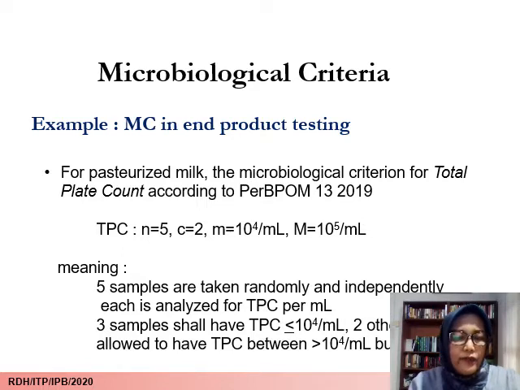Each is analyzed for total plate count per mil. 3 samples have to have TPC of less than or equal to 10 to the 4th per mil, while a maximum of 2 samples are allowed to have a total plate count of more than 10,000, but it has to be fewer than 100,000 per mil.